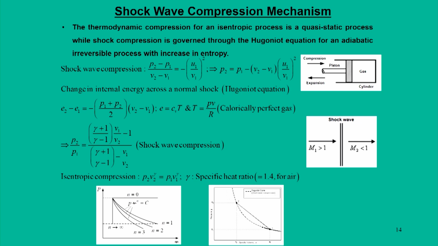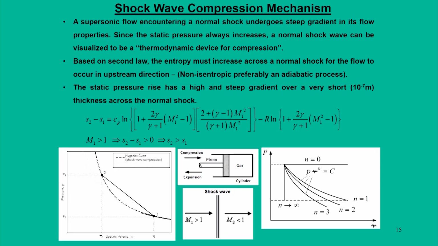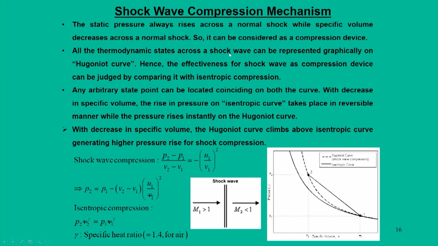By superimposing these two curves we can get a basis, and of course, through a normal shock we get an increase in the entropy, and we also get an increase in the static pressure, and since there is an increase in the static pressure, this can be visualized as a device for compression.